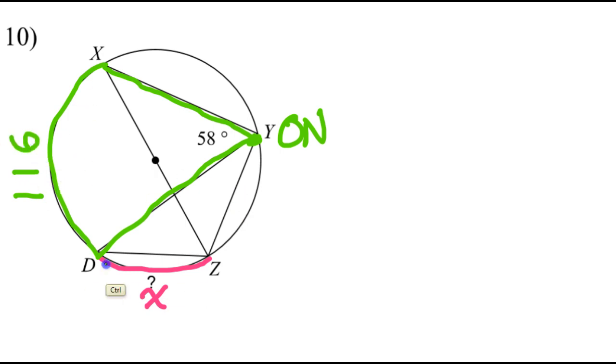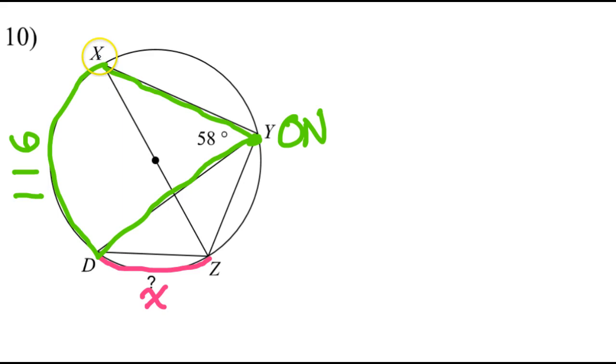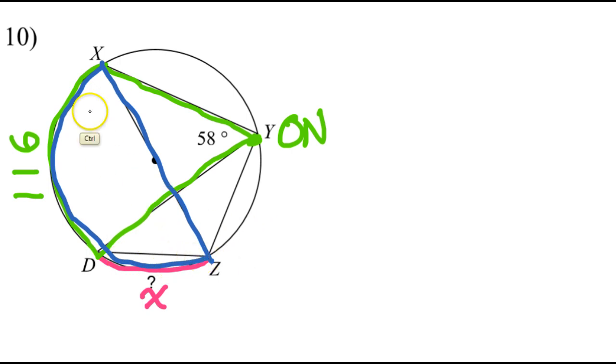Okay, is that enough information for me to find this over here? I think it is if we use the magic of diameters. Notice that this blue line I'm drawing is a diameter. That means that we have a semicircle over here. Okay, this is a semicircle. It has to add up to 180.